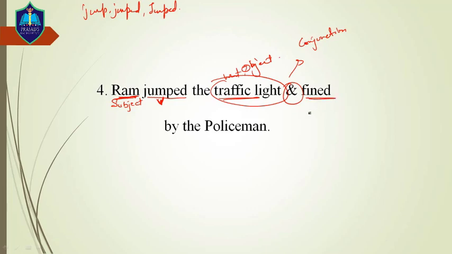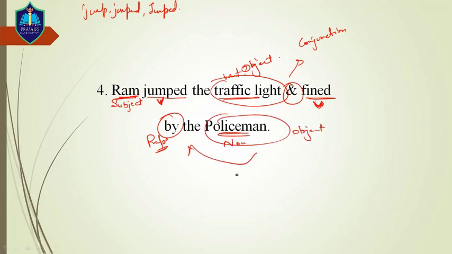Fined is there. Fined is again a verb because we can make it in all three forms. So again, fined is the verb. By is there. By is the preposition. So whenever we find a preposition, it should be followed by a noun or pronoun, right? So policeman is there. It is a noun and this becomes an object now.